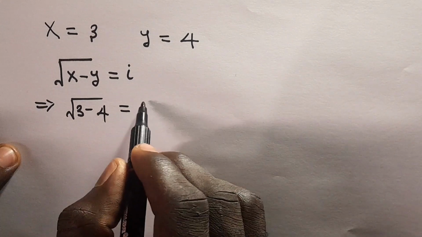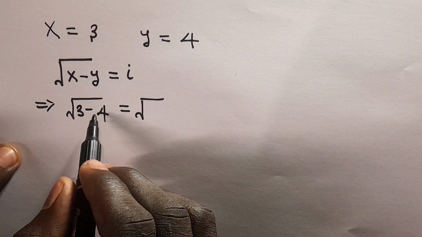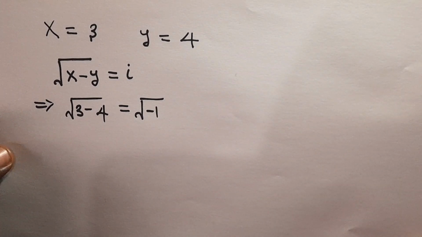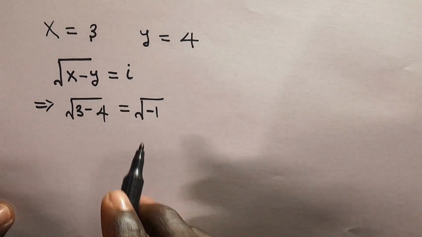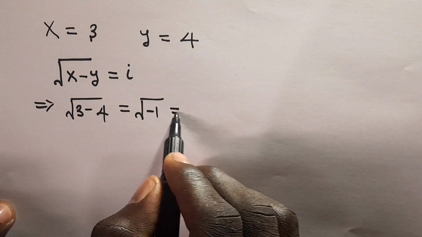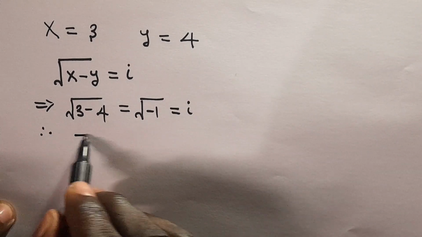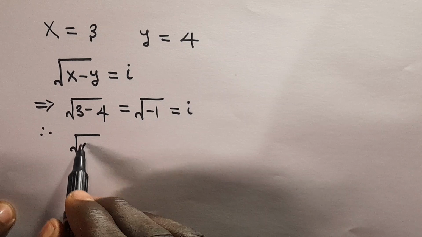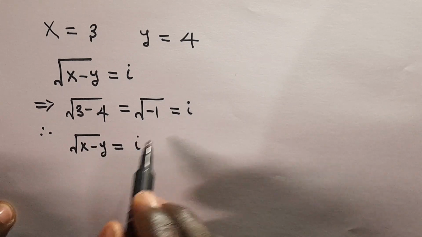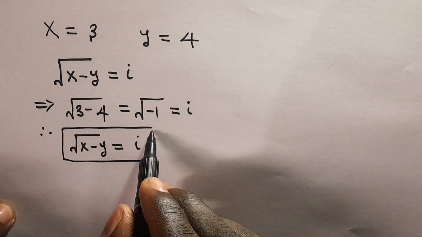So this will be equivalent to square root of 3 minus 4 will be equals minus 1. But note, in a complex number, square root of minus 1 equals i. So therefore, x minus y will be equals i from here.